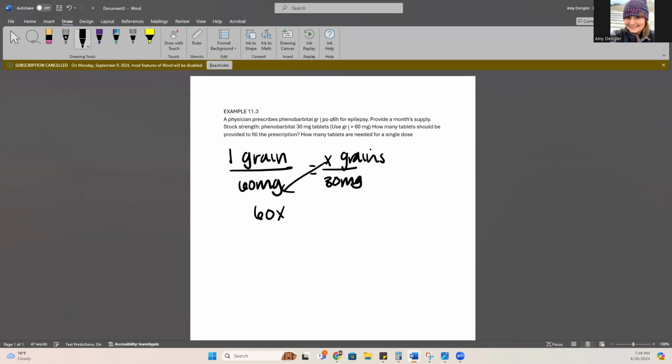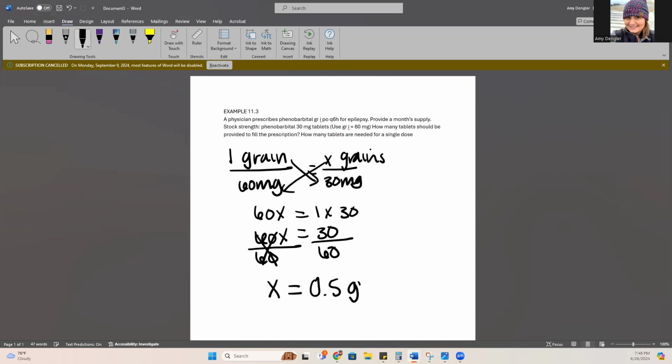So we have 60x is equal to 1 times 30. And then we want to take care of that multiplication first. So now again, we have 60x is equal to 30. We want to get x alone. So we're going to divide this side by 60 to get x alone. And then we're going to do the same over here, which means that these are 0.5 grain is what we need to get the 30 milligrams.